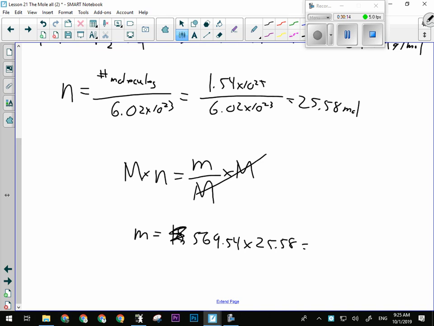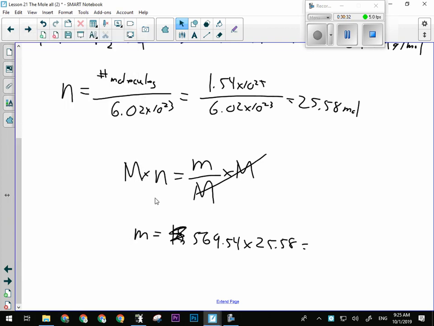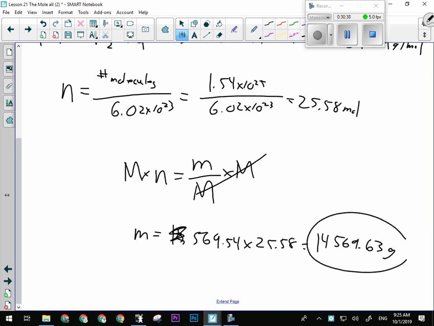So this can be heavy. Yeah, it's like 14.5 kilograms, this stuff. Okay, so we'll say 14,569.63 grams, right?